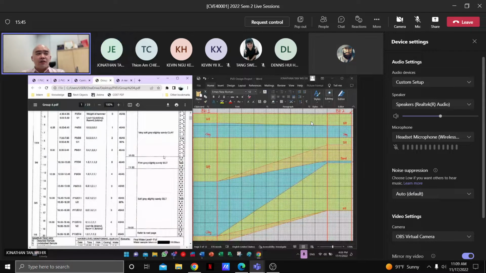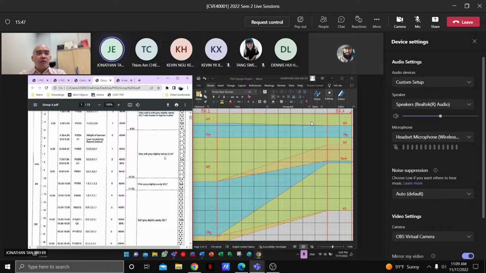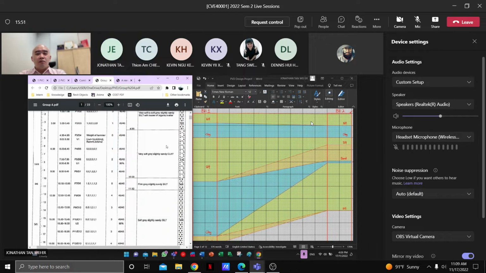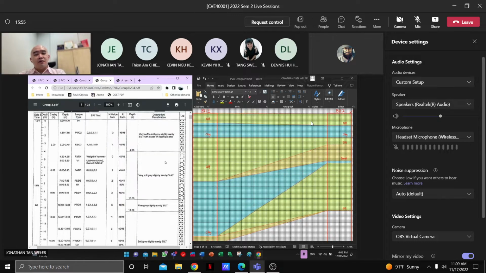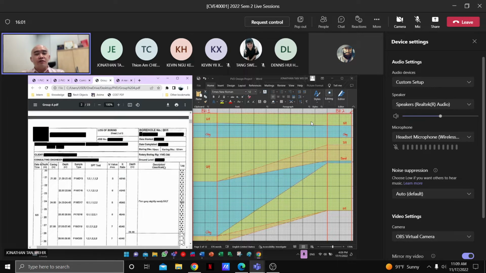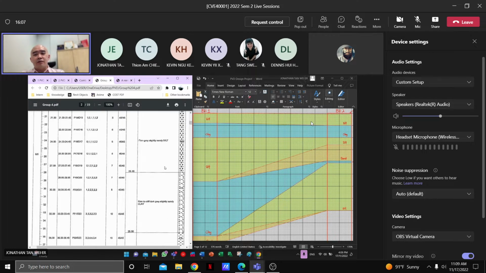Sorry, Jonathan, go ahead. Only the soft clay, the hard one will not. The hard clays will not consolidate. Firm clay, hard clay, stiff clay will not consolidate. This is a soft clay or soft silt problem. So in your soil profile, you need to identify these soft layers.